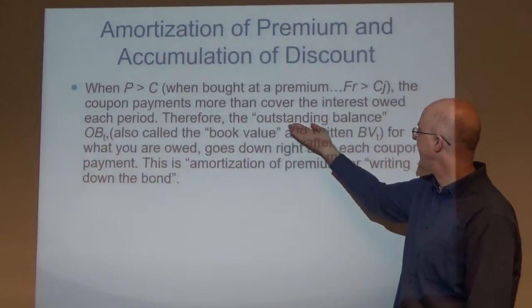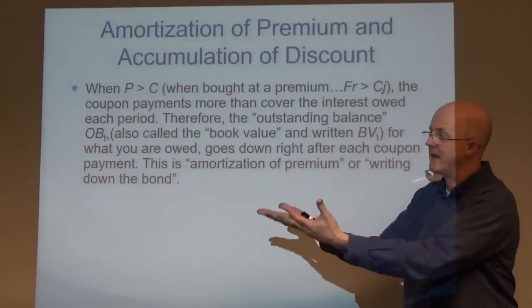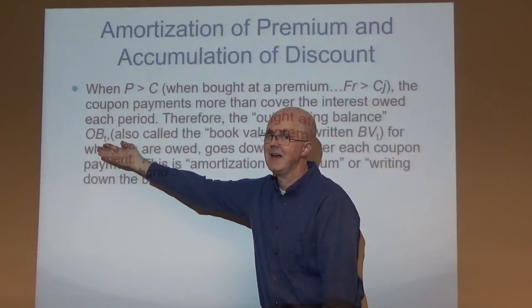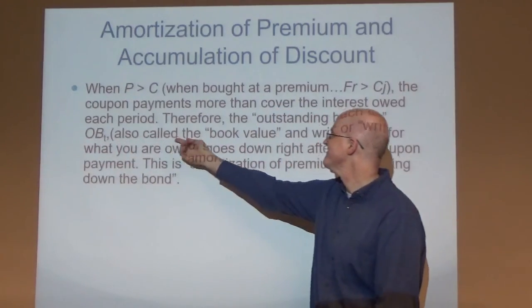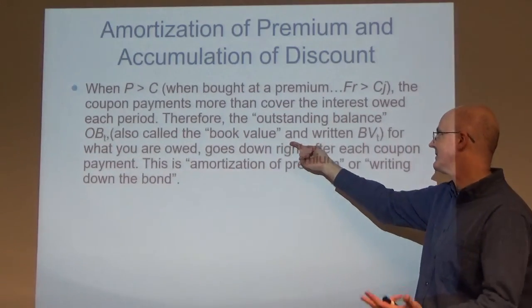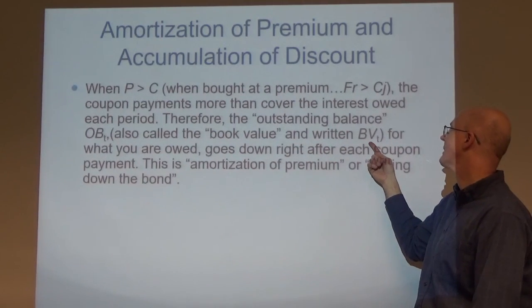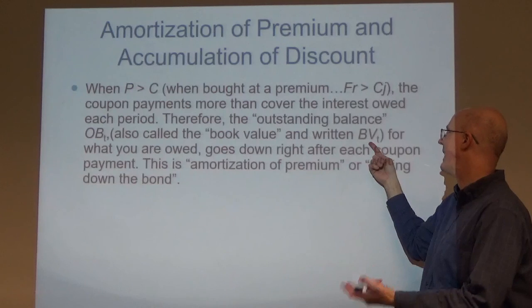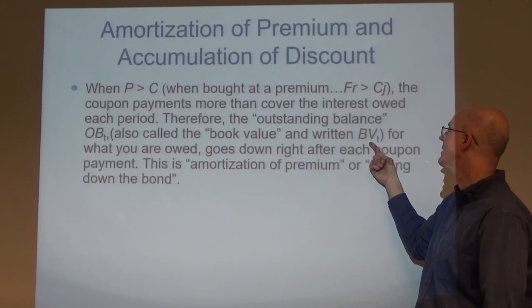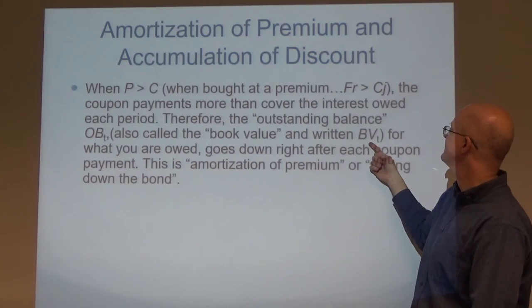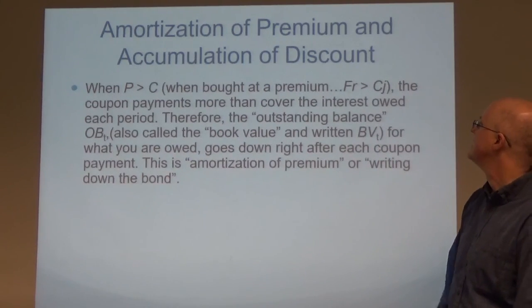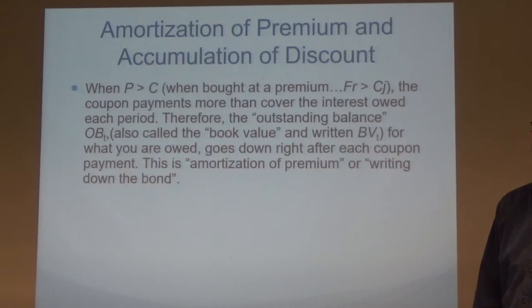Therefore, what you might call the outstanding balance on your loan to them, OB_t, as in Lecture 3, or more commonly with Lecture 4 here, book value, BV_t. These represent the same thing, the current balance at time t. Think of t as a whole number of periods here. That balance that you are owed goes down right after each coupon payment.